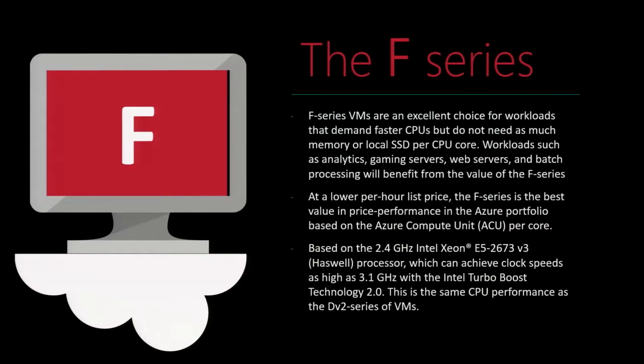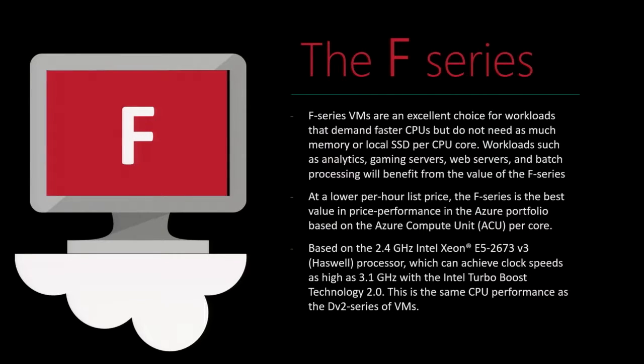The F series, these are for demanding workloads where you might not need as much memory or a local SSD, for example. So it might be a gaming server or a web server. You don't need premium storage for a web server, but you might want a faster CPU.